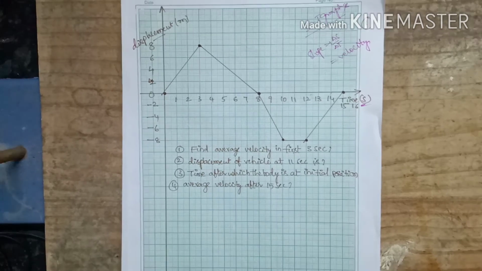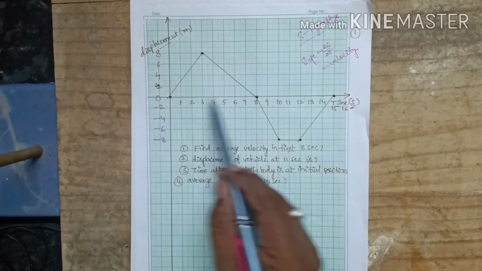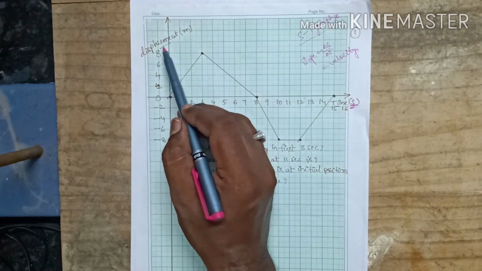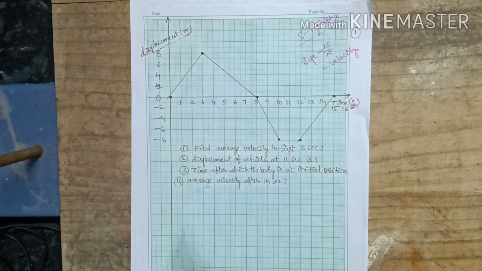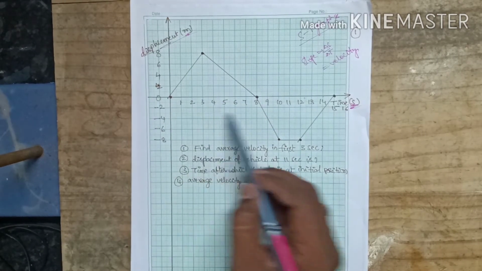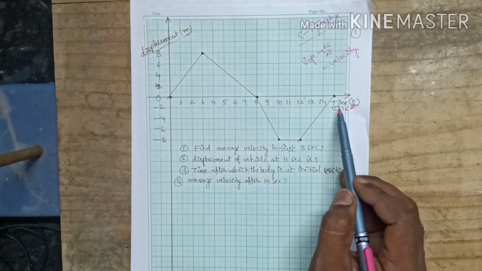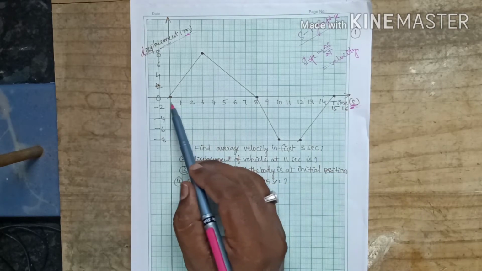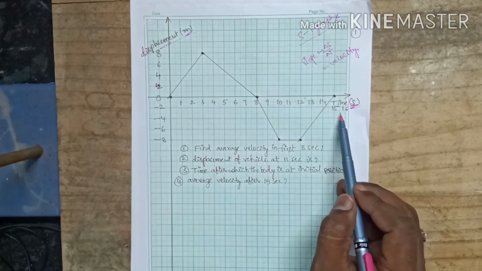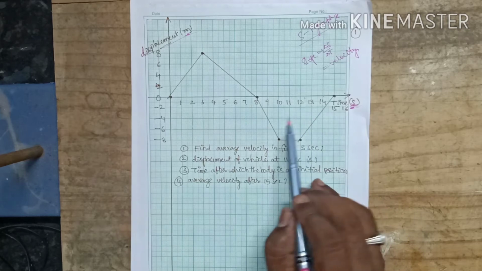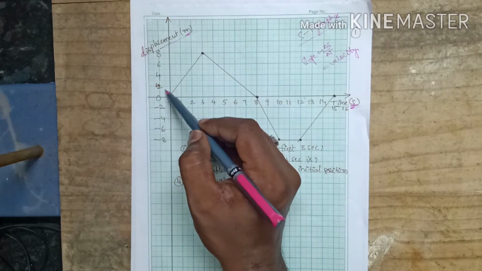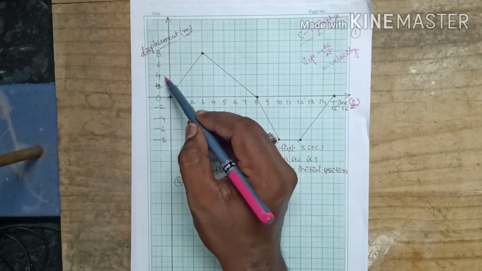See here, a displacement time graph is given. On the x-axis, time is provided in seconds. On the y-axis, displacement is given in meters. And this is the origin. If you observe the x-axis, the time axis, the gap between the intervals is 1 second. And on the y-axis, the gap between the intervals is 2 units.